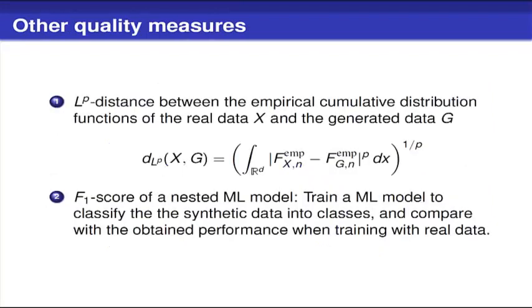Okay? And also, just to finish, there are other quality measures that you can apply to study whether your GAN is converging or not. For instance, you can compute the L1 distance between the empirical cumulative distribution of the real data and of the generated data. If the GAN is learning something, you expect this distance to decrease.